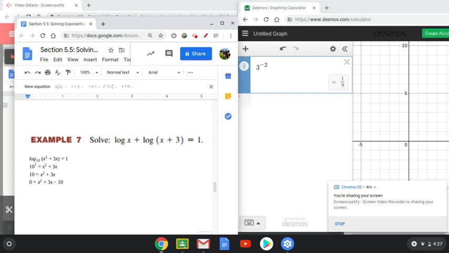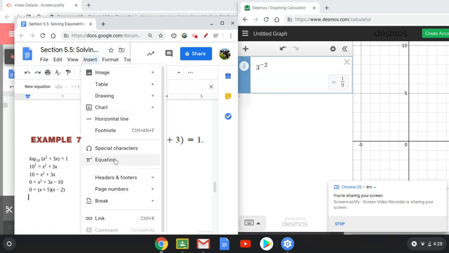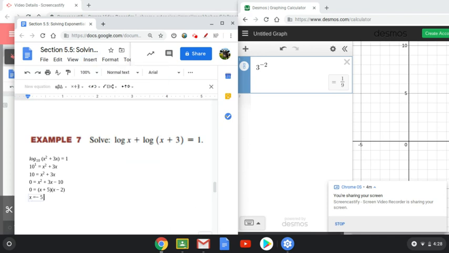Yes, there are. Positive 5 and negative 2. Okay. So when I rewrite this, if I factor it, that is x plus 5 and x minus 2. Okay. So what are my final answers here? Well, I have two of them. One of them is x equals negative 5. The other one is x equals 2.